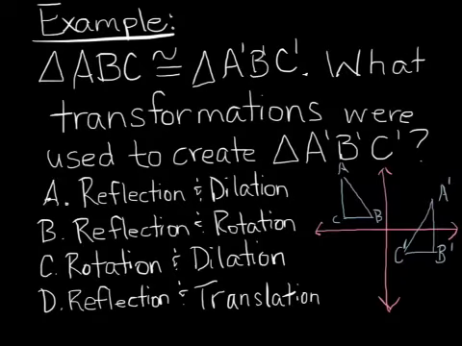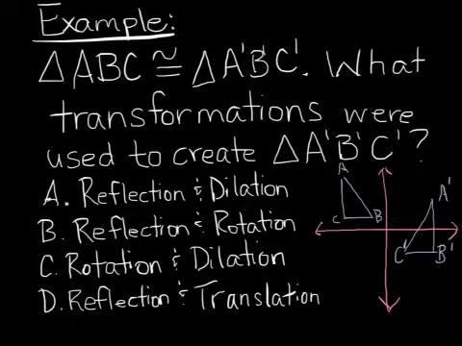So for example, if you had a multiple choice question that read something like this: triangle ABC is congruent to triangle A prime, B prime, C prime, what transformations were used to create A prime, B prime, C prime? And your choices are A, a reflection and dilation, B, reflection, rotation, C, rotation and dilation, or D, reflection and translation.